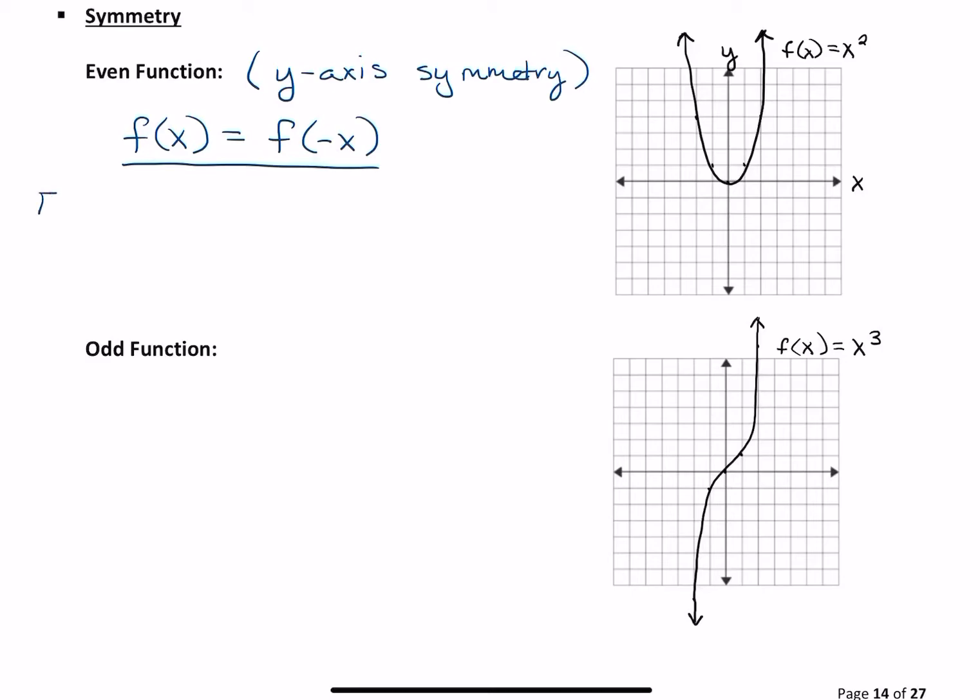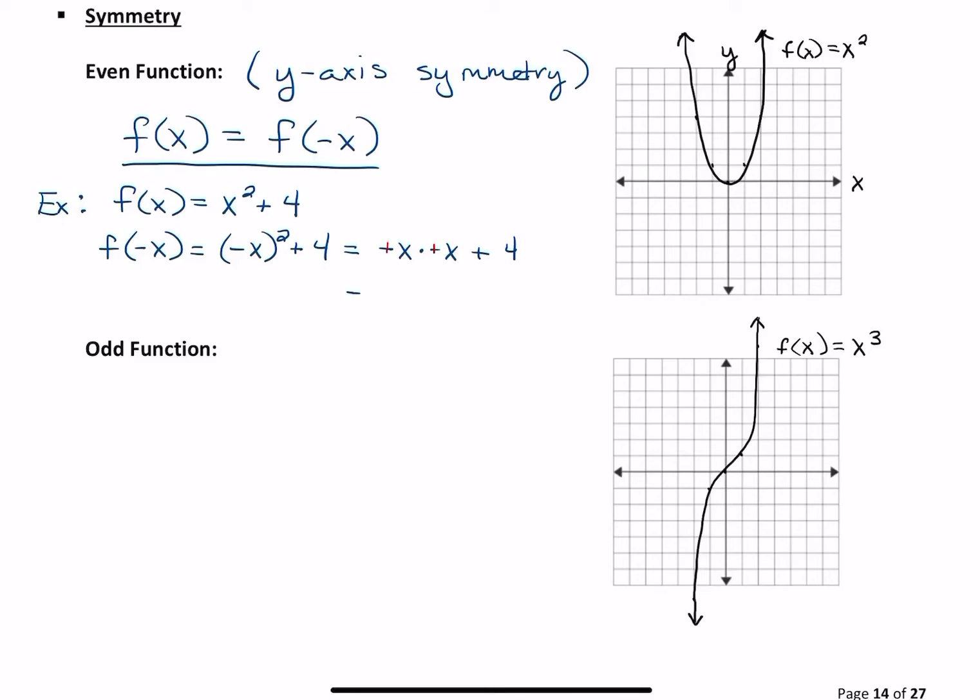So, for example, if I asked if x squared plus 4 is an even function, I would take f of negative x, which means I'm going to plug in a negative x everywhere there's an x. And notice that x squared is negative x times negative x, and a negative times a negative makes a positive.